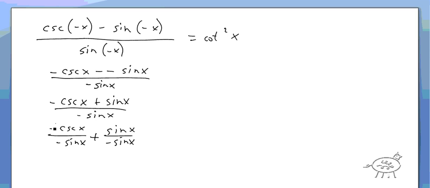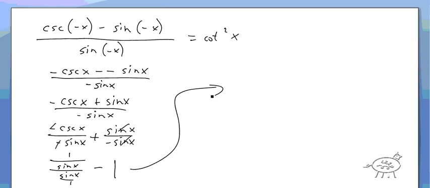First of all, the negatives cancel here, and I can write 1 over sine of x over sine of x over 1 minus 1, because the signs cancel. So I can rewrite this as 1 over sine of x times 1 over sine of x minus 1, which is 1 over sine squared of x minus 1.